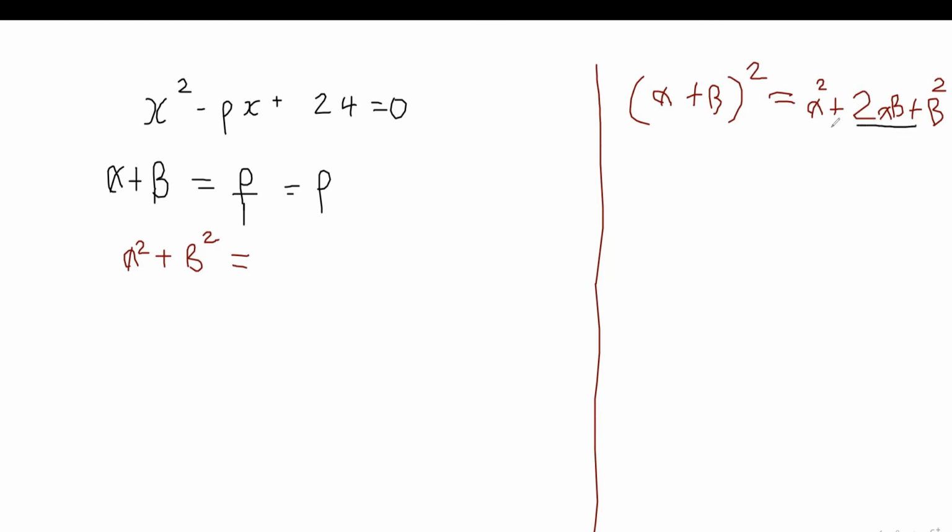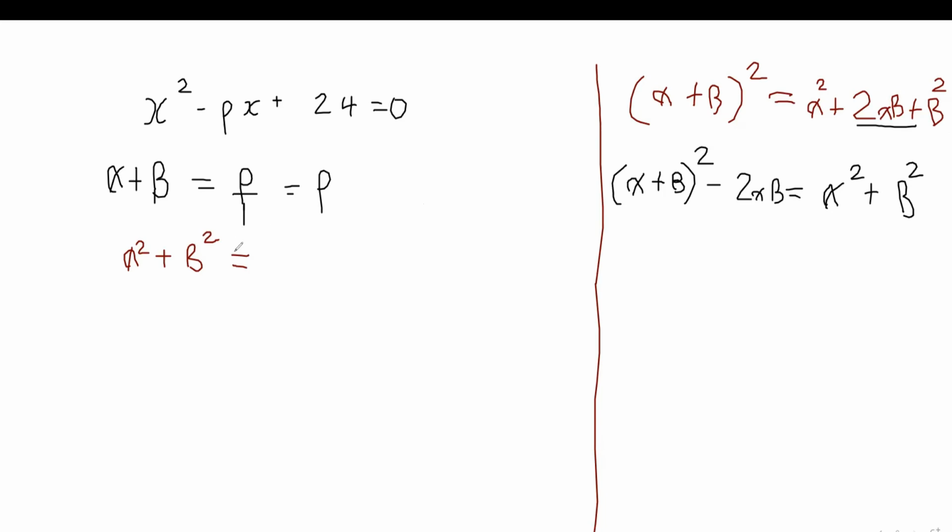Yes, sir. So if we were to subtract 2 alpha beta from both sides, we'd end up getting alpha plus beta squared minus 2 alpha beta equal to alpha squared plus beta squared. You agree with this? Yes, sir.